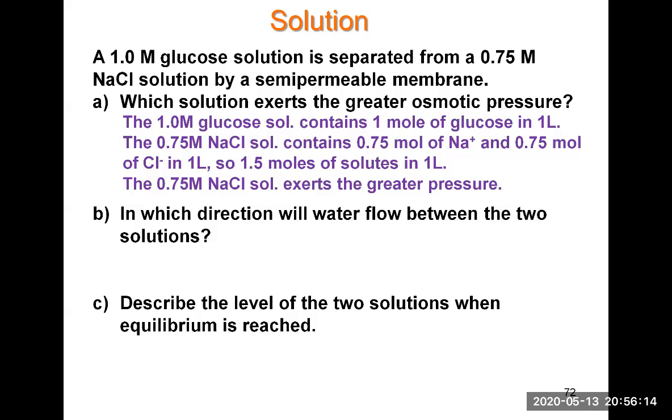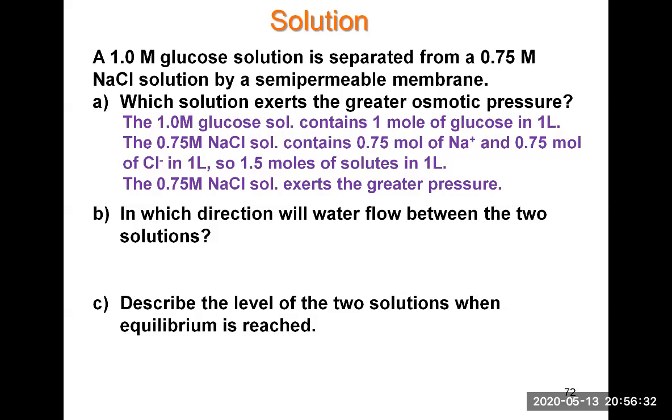So then in which direction will water flow between the two solutions? Because those particles of glucose and NaCl cannot move across the semipermeable membrane, water will move to compensate for the difference in concentrations.